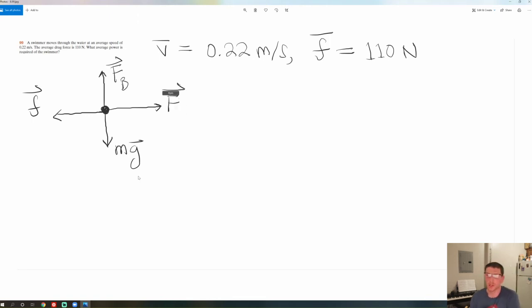And this is a bit tricky. You know what? I don't even really know that much about swimming, but let's just say that swimming is really just moving your body in such a way that the water exerts a force on you, okay? Let's leave it at that. So by doing this problem, we're not breaking any of our fundamental assumptions, right?